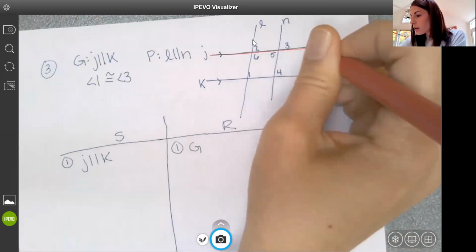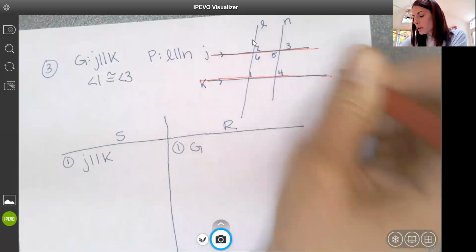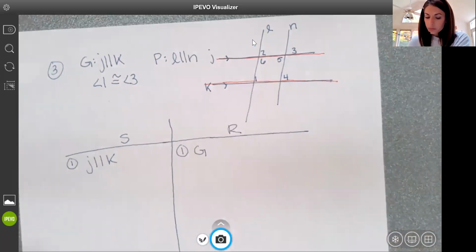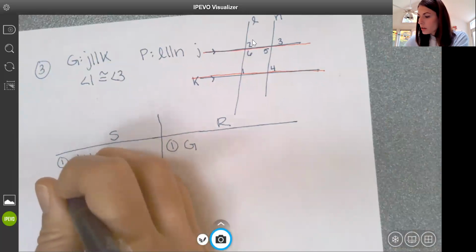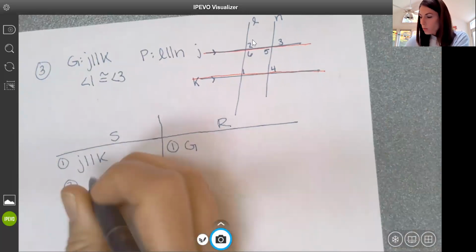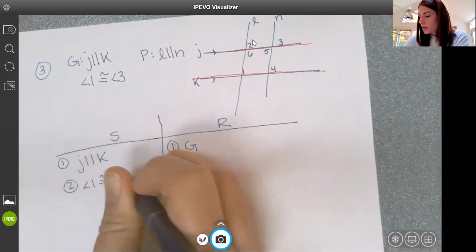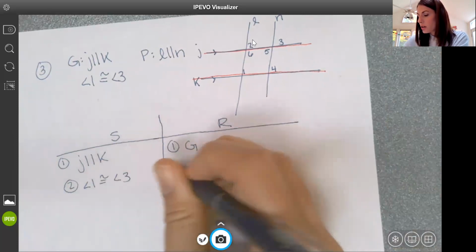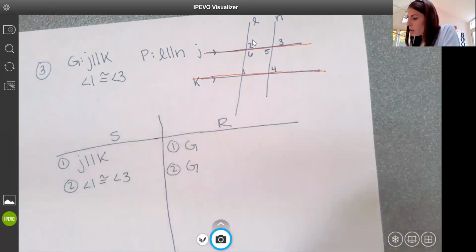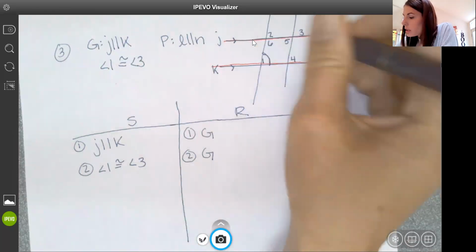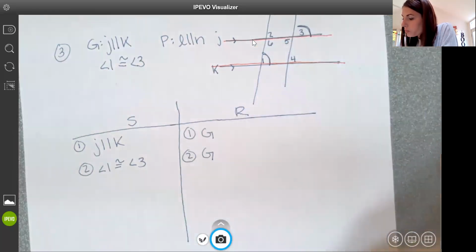So J is parallel to K. That's one given. My other given is that 1 is congruent to 3. That's given. So I know I'm going to mark that 1 is congruent to 3.